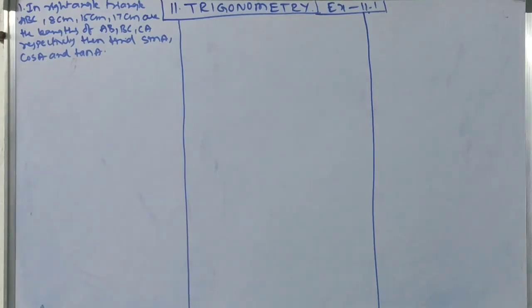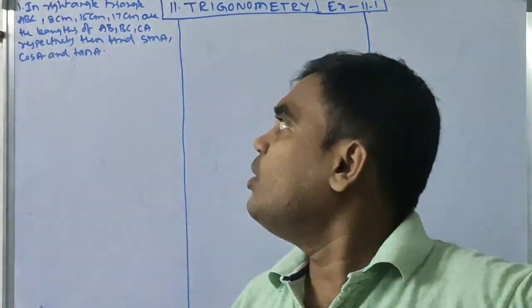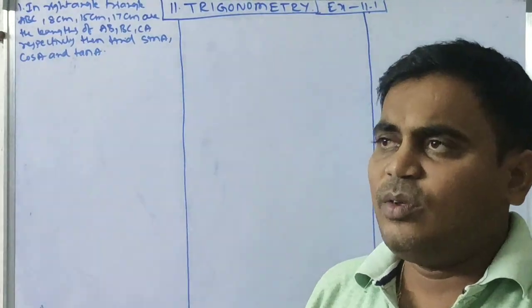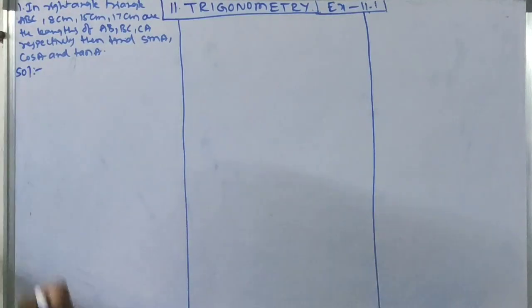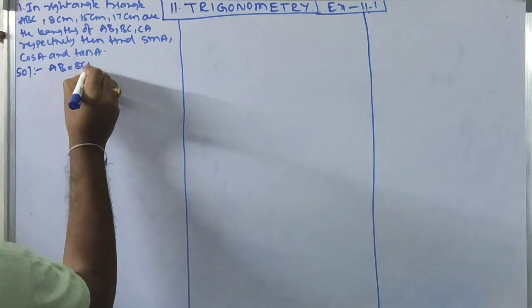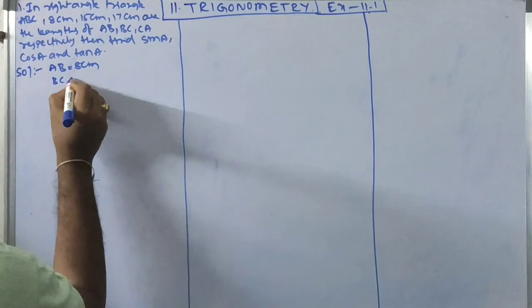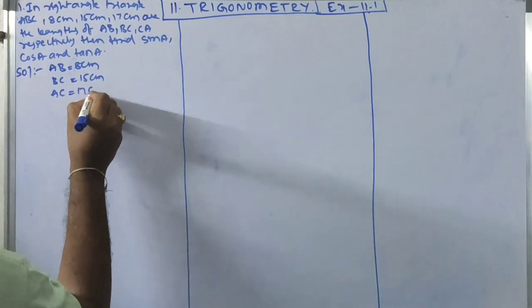Okay, so if we observe, it is a right angle triangle, it is mentioned, but where it is right angle, it is not given. So first I want to observe what is given. AB equal to 8 centimeters, BC equal to 15 centimeters, AC equal to 17 centimeters.